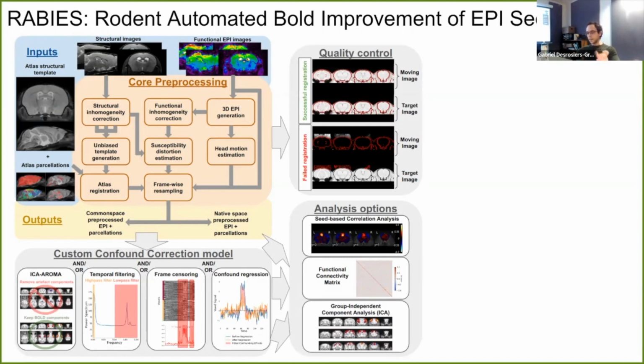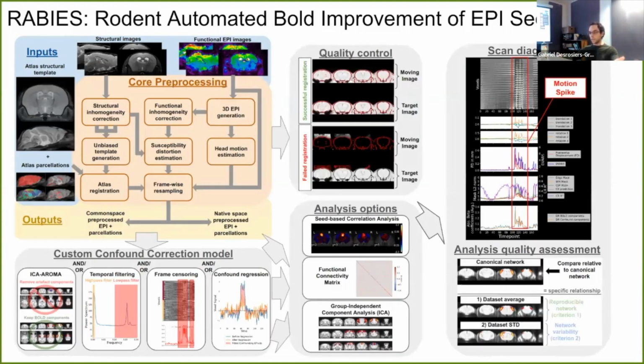Finally, a last aspect of the pipeline that's maybe a bit more innovative compared to standard image processing software is data quality assessment, where by developing RABIES, I tried to leverage the human literature on how to assess data quality and apply these tools to rodent images from many different sites to characterize the confounds that we find in these kinds of data sets, and then develop certain recommendations for how you can hopefully ensure that your analysis down the road is not corrupted by confounds.